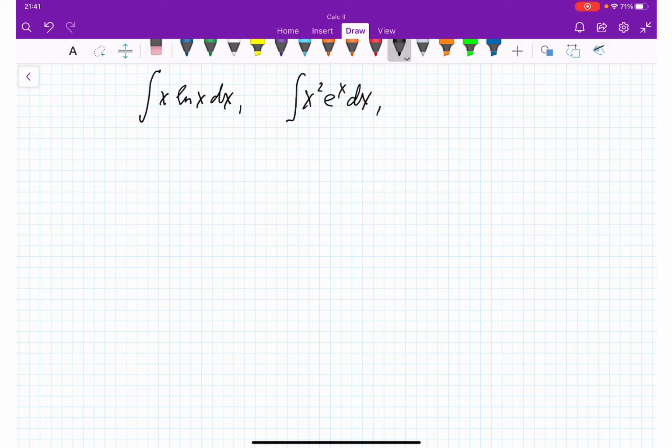And then, for example, e to the power x sin x dx. So here we have an algebraic expression and a transcendental function.